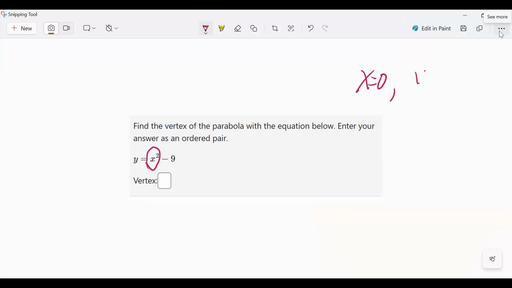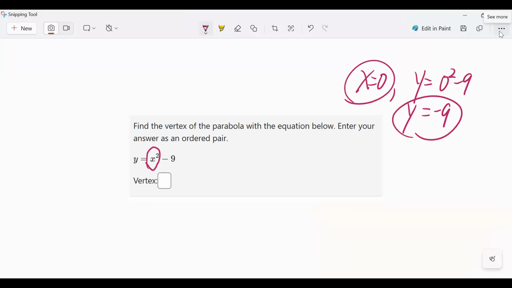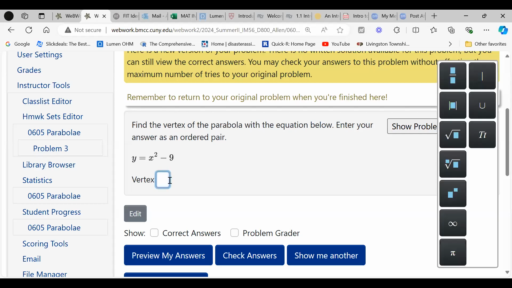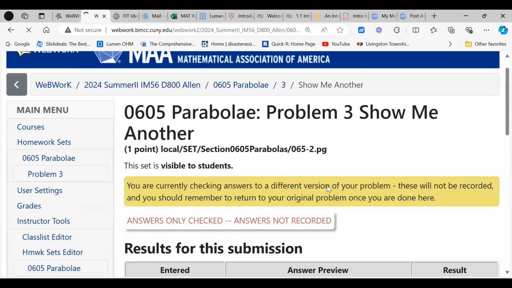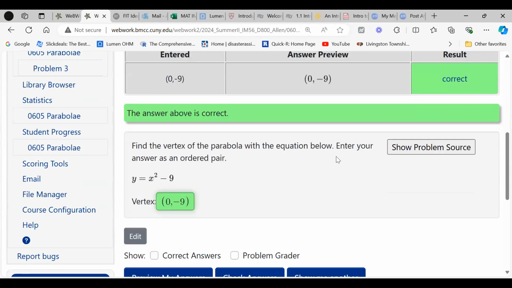The y value will be 0 squared minus 9, that will be negative 9. X coordinate 0, y coordinate negative 9. So the vertex will be 0, negative 9. No need to complete the square because it's already a perfect square. And you can check the answer. It is correct.